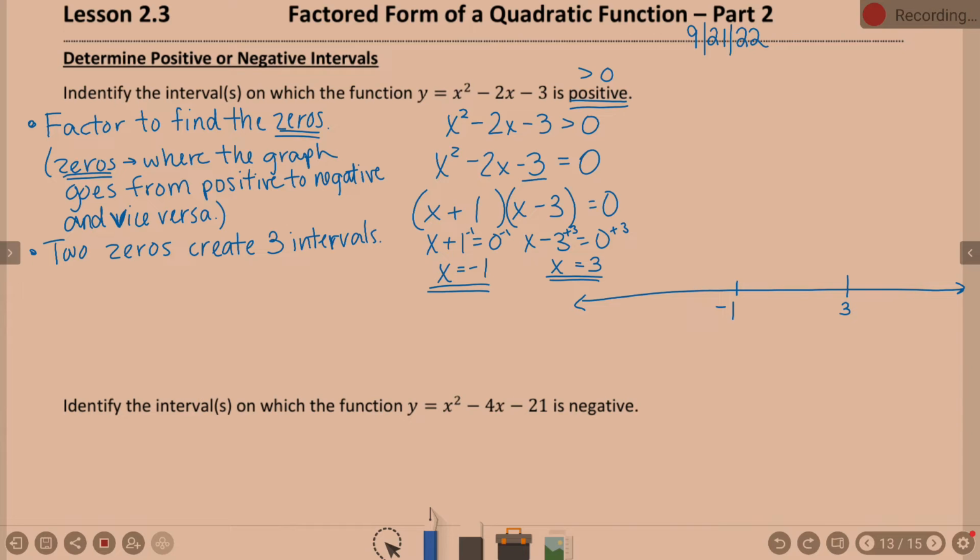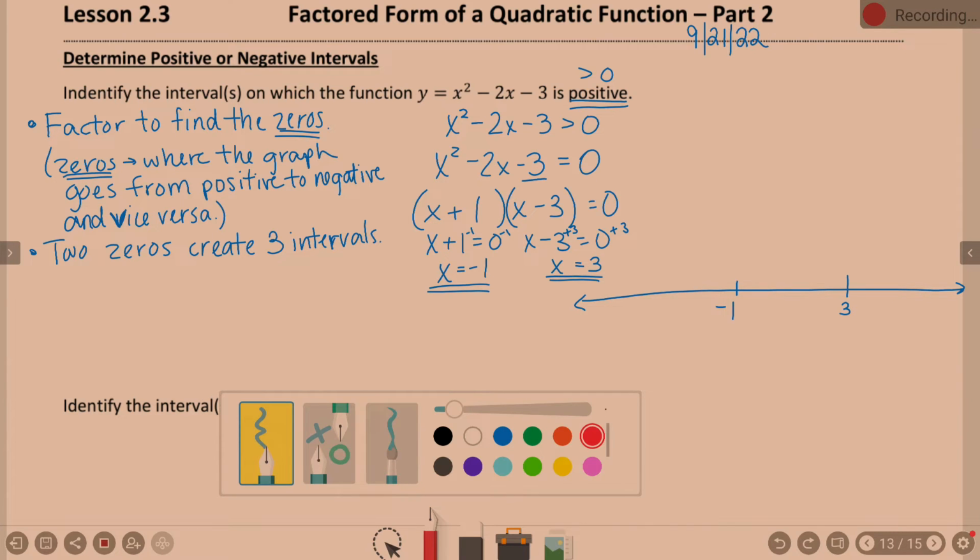What are some numbers over to the left of -1? -2, -7, -10. Lots of numbers over here, right? All of these numbers are going to do the same thing in this equation. So we're going to pick a number that we want to use as our test value, and plug it into our original equation and see what happens.